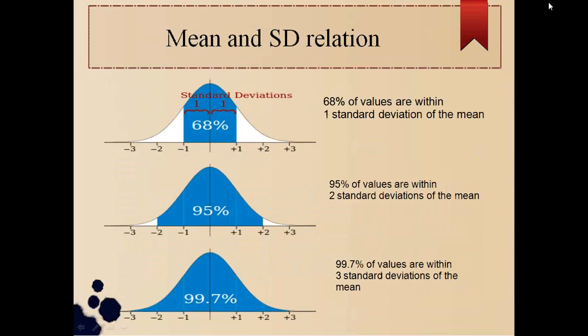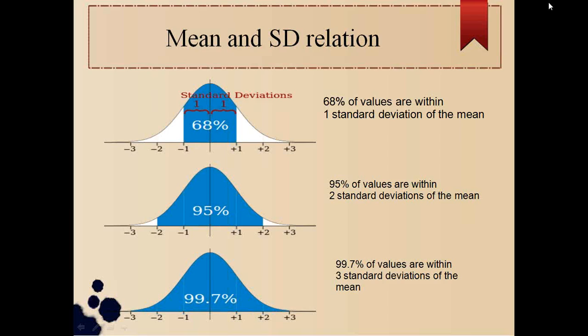So you all might have seen this bell-shaped curve, right? Let's keep it a little bit interactive, because these concepts otherwise become a little bit boring. The bell-shaped curve stands for normal distribution, where the mean has the highest frequency, the central value is the most occurring value, and as we move towards the tail, the frequency decreases.